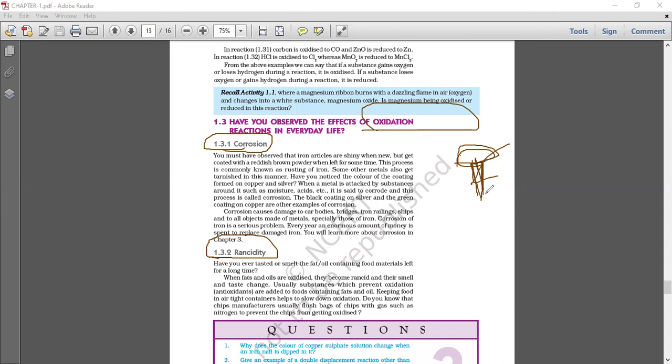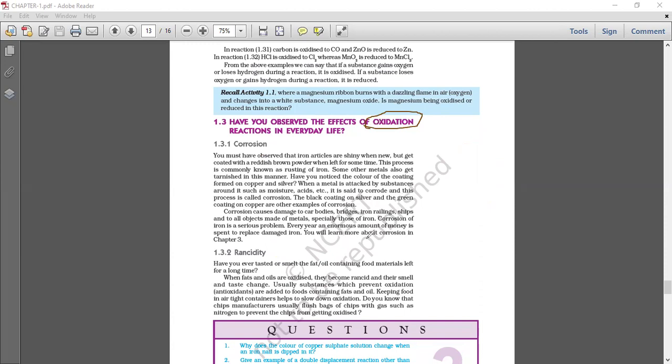Because a layer of oxide forms, and if copper reacts with oxygen, it forms copper oxide. So that is called corrosion. Suppose silver oxide, okay. So all these are the effects of oxidation in daily life. So why does the iron nail change color? Because of that only.